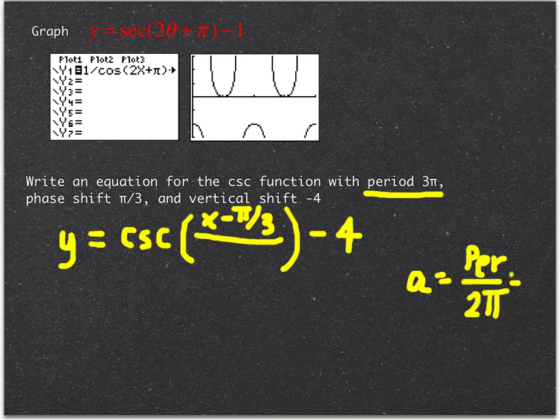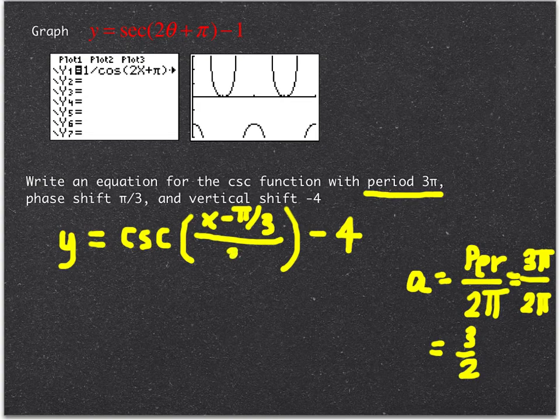So in this case, if the period is 3 pi, I really have 3 pi divided by 2 pi like that. Looks like the pi's would cancel out, so my a value ends up to be 3 over 2. And remember, it's that a value that actually goes into the equation. So there it is. That's the equation that we're looking for. If we graph this out, sure enough, we would see that it would have these characteristics.